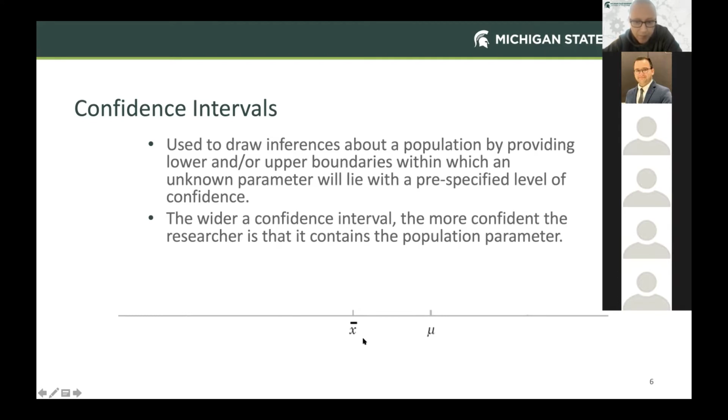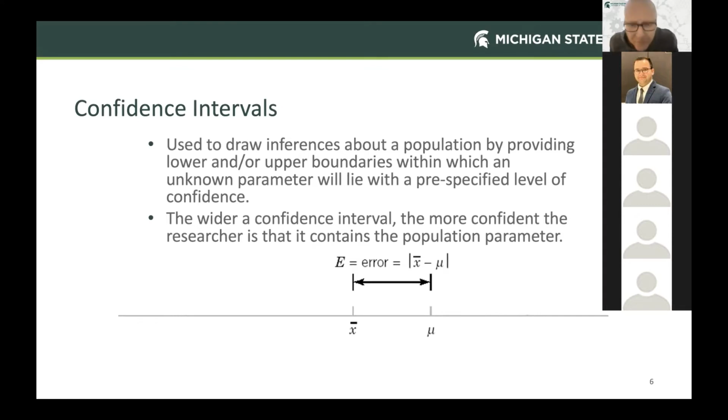So we're using X bar here as an estimate of mu, the population parameter that it corresponds to, okay? For any given sample that we take, there's going to be some level of error inherently associated with that sample. Most of the time we're probably not going to sample such that our sample mean is exactly equal to the population mean. As a consequence, through repeated samples, we'll have ranges of errors associated with those samples.